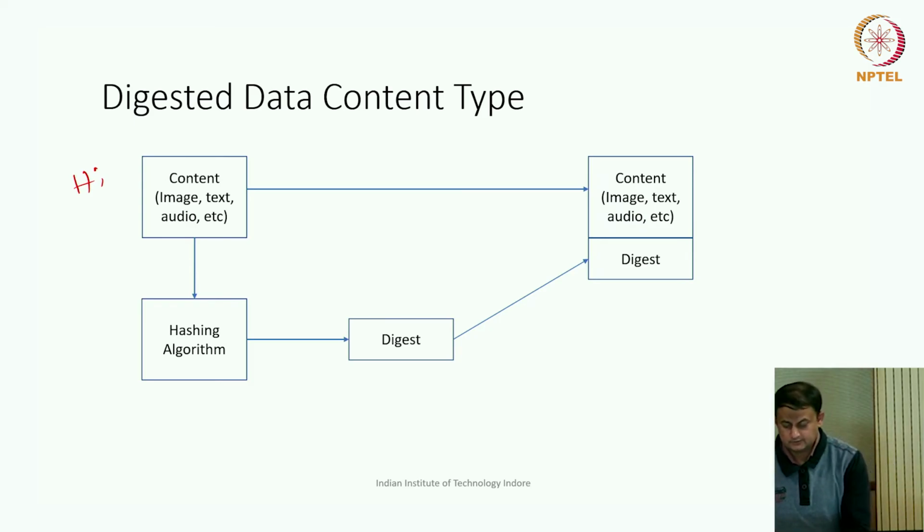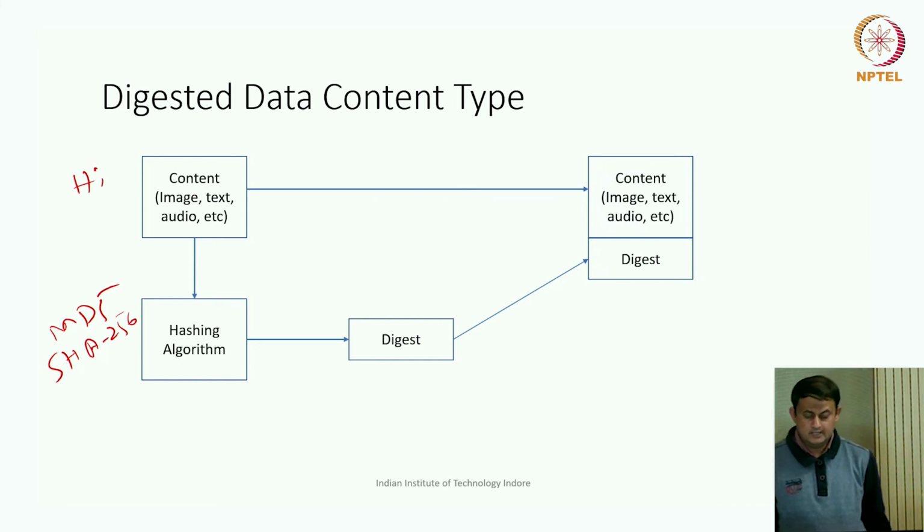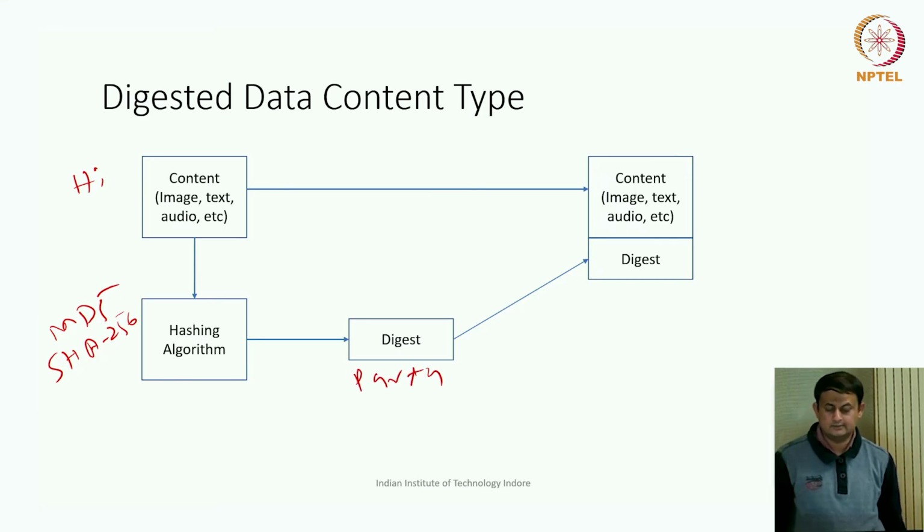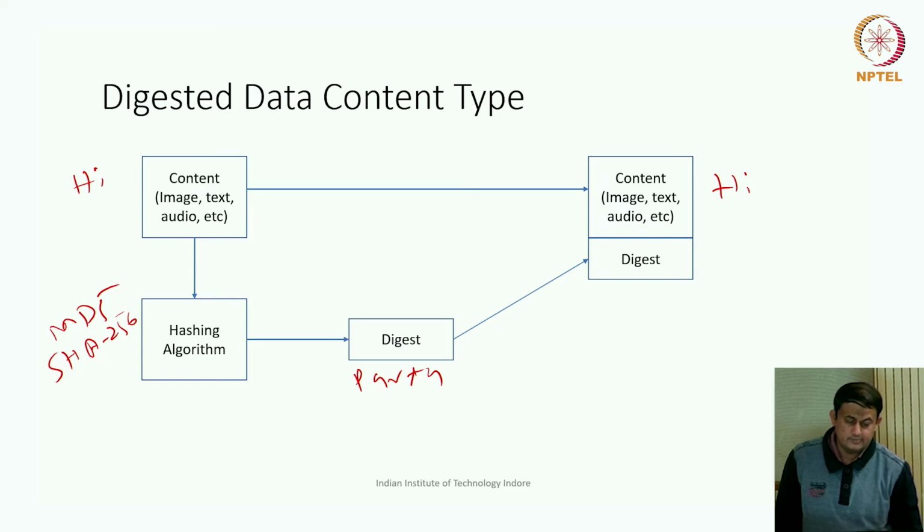I pass it to the hashing algorithm, which can be MD5 or SHA-256, whatever it is, and you get a digest. That digest is something like PQRT9. What I do is take this original email as it is, and at the end of this, I attach this component. What is this?